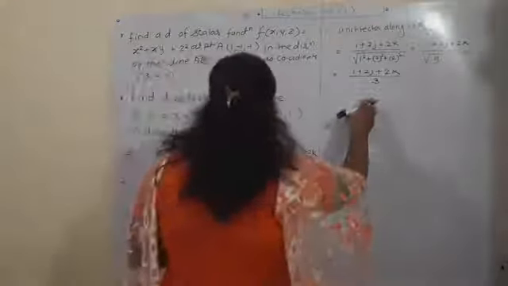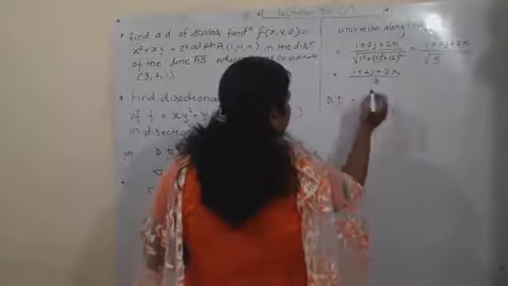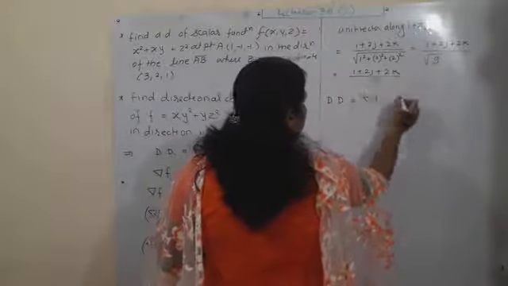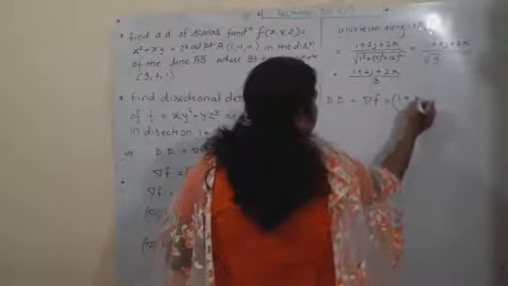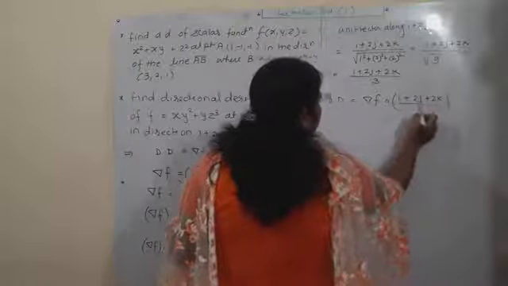And now we will see the directional derivative. That directional derivative is equal to grad of f dot that unit vector, that is i plus 2j plus 2k divided by 3.